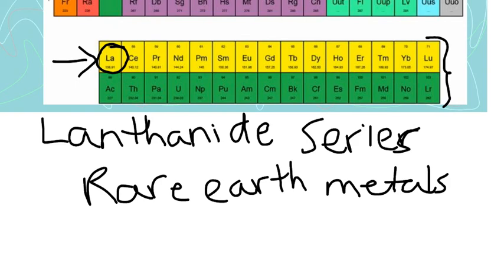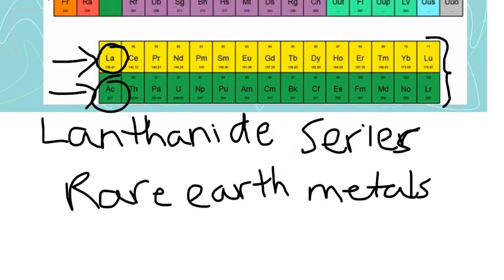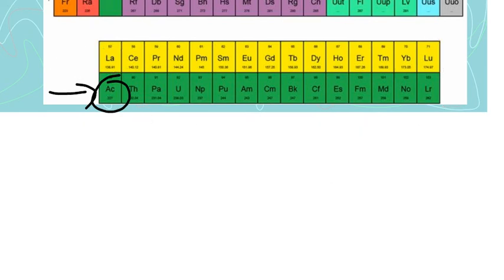And down here, the green family starts with the element AC. That particular group is known as the actinide series. So this group here is lanthanide. This group here is the actinide series.